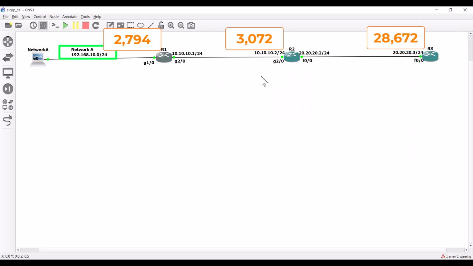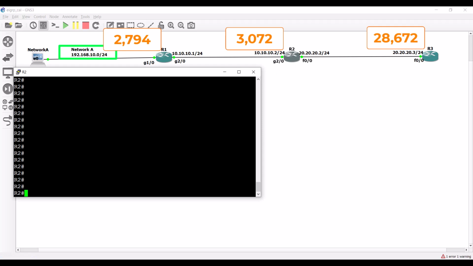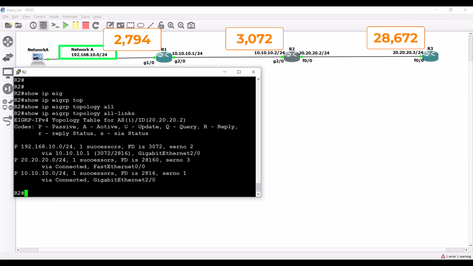And now it's time to go to router 2 right here. As always, we're going to show topology table. Oops, show ip eigrp topology all-links. Now here we go. This is TT or topology table in router 2.